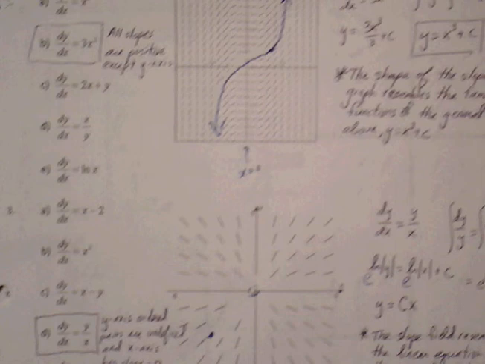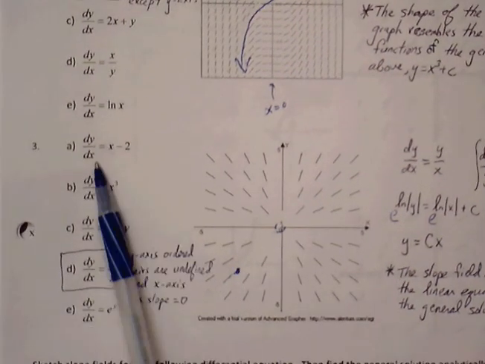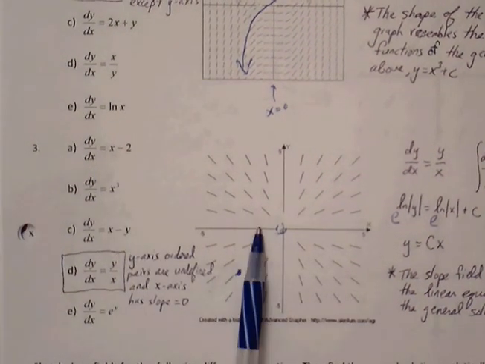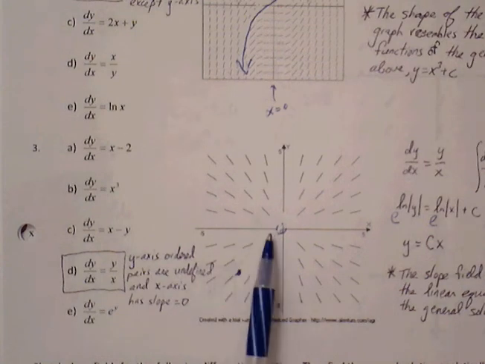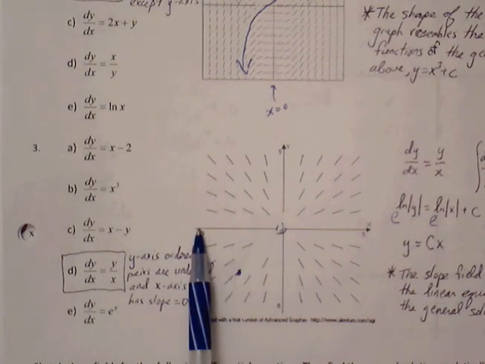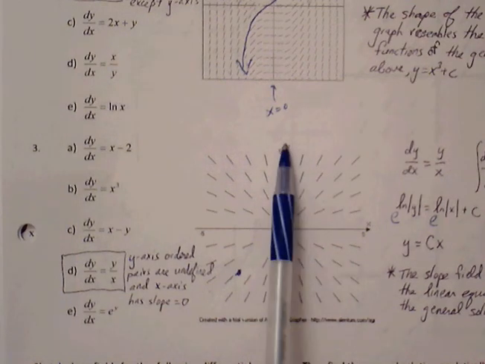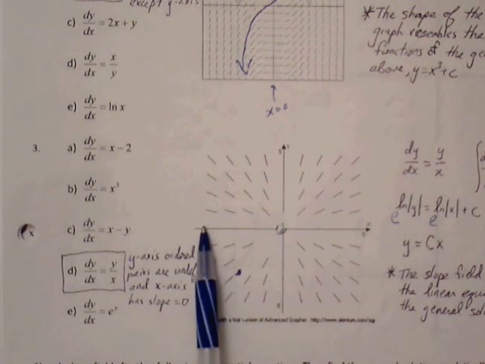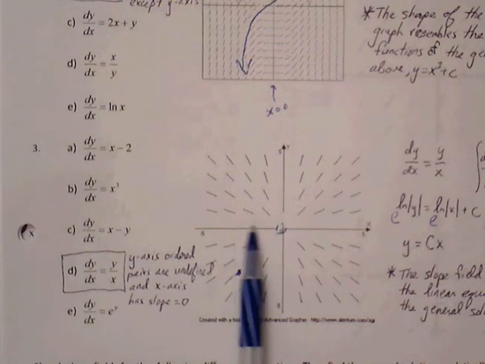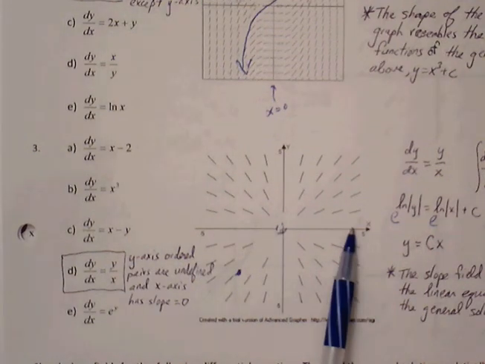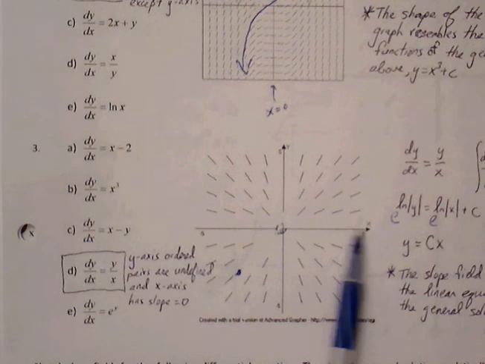Okay, let's look at number 3. If we look at this graph here, we see a couple of things. We don't see anything on the x-axis. We don't see anything on the y-axis either. However, it could be that there is something here. Maybe there's a slope of 0 here, and it's just being hidden by the x-axis.